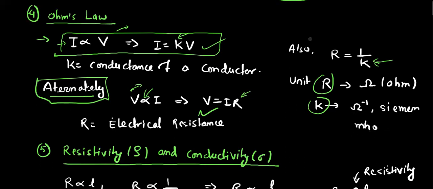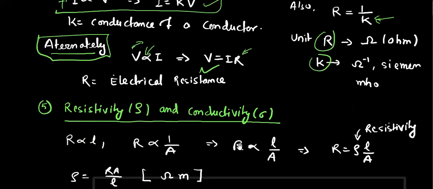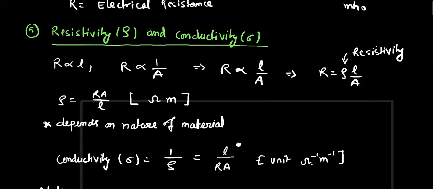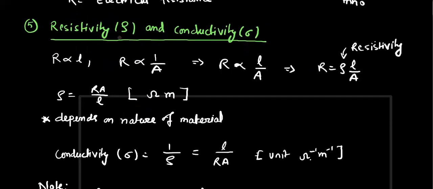Okay, so this is all about the electric resistance. And now we are going to discuss another topic, and this is about resistivity. So resistivity and conductivity. Let me draw something here. First of all we have to discuss these.